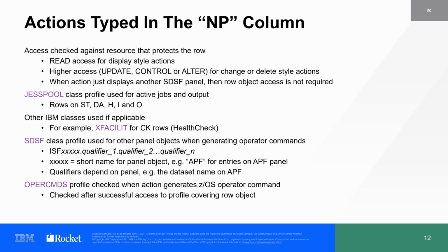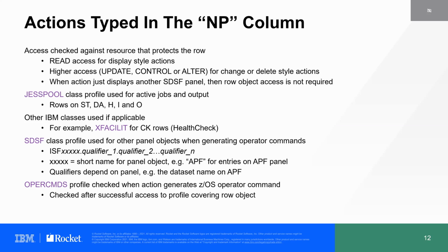When that action character that you type just displays another SDSF panel, then we typically don't have to do any further row object access, because the data collection on the launched panel will have its own command access check.